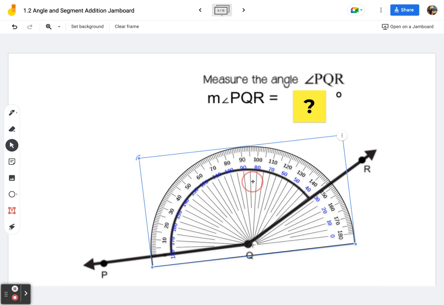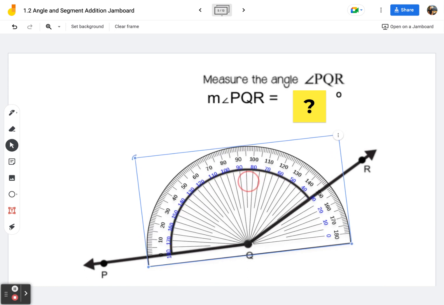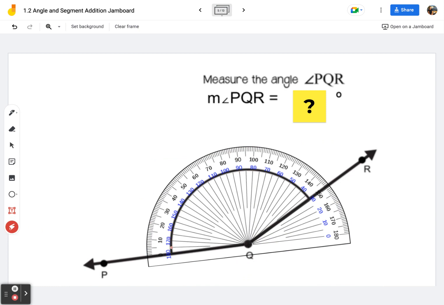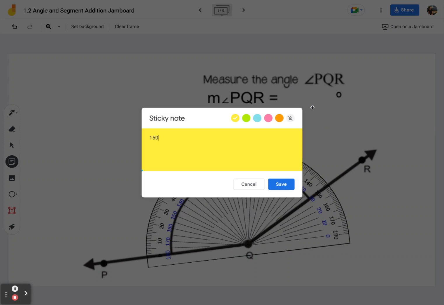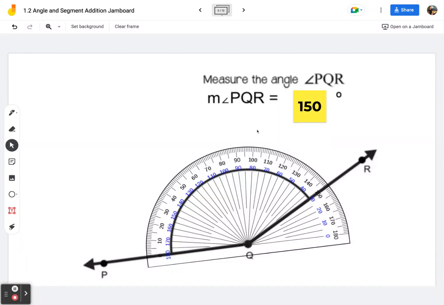So once again, I'm repositioning the protractor. And when I read all the way across, I definitely want the 150-degree mark. Definitely looks like a 150-degree angle. Sometimes you have to look real closely at the protractor.